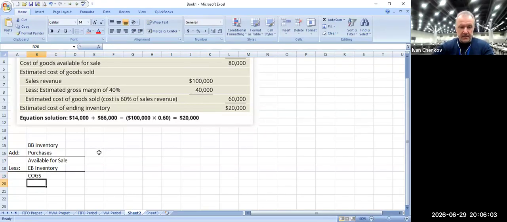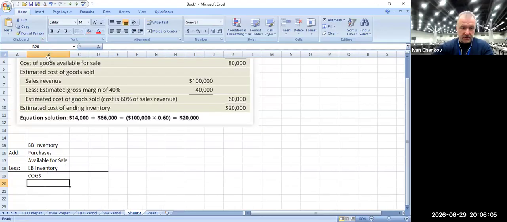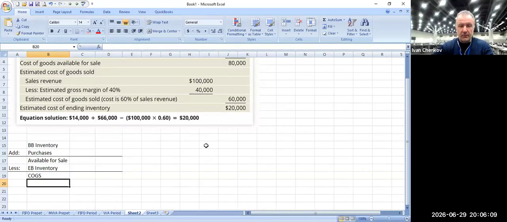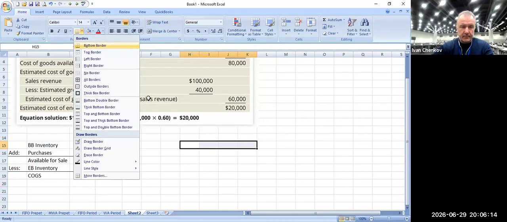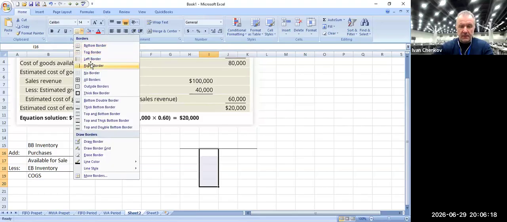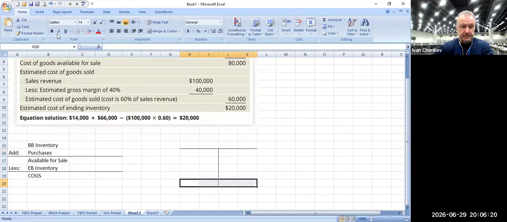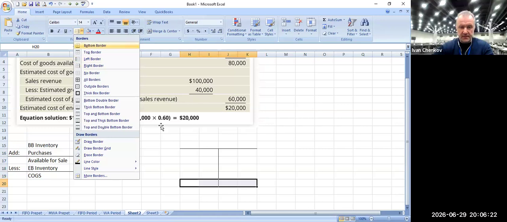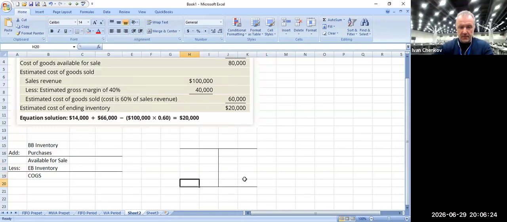Now, why is that? If we take a close look at the T account of the inventory, what are we going to see? I have to open the T account for the inventory. Very interesting things.